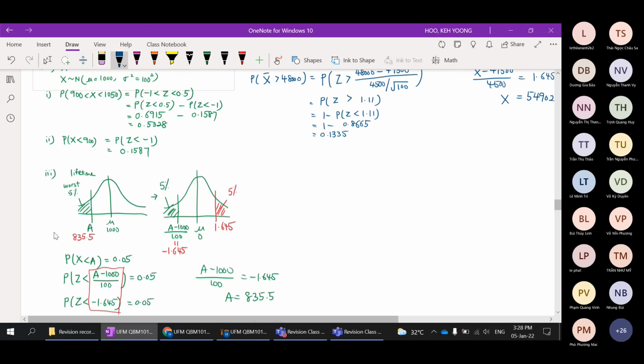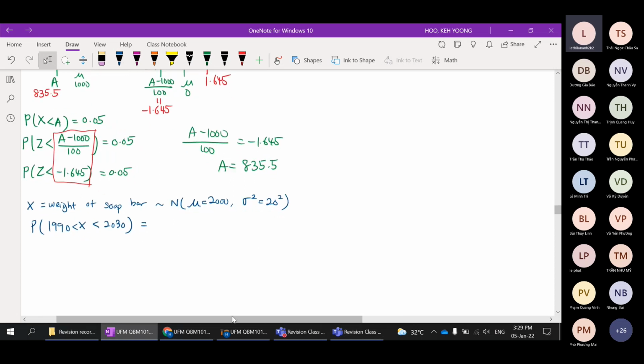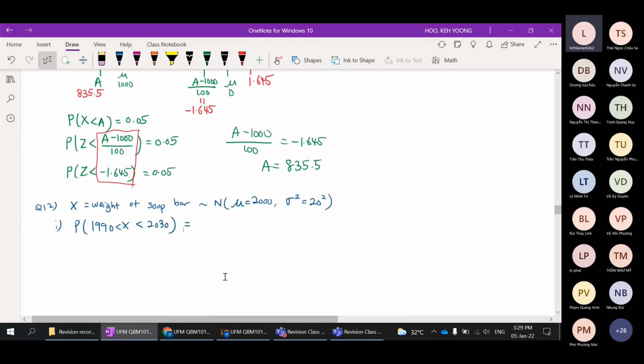So question 1: you want to find X between 1990 and 2030. Convert both values to Z. What did you get?